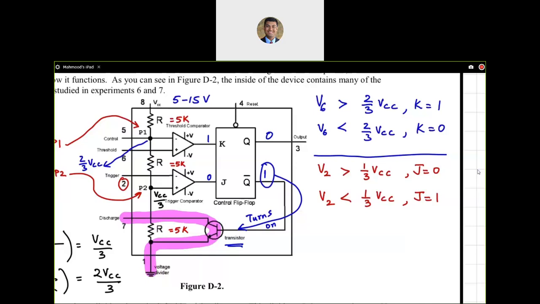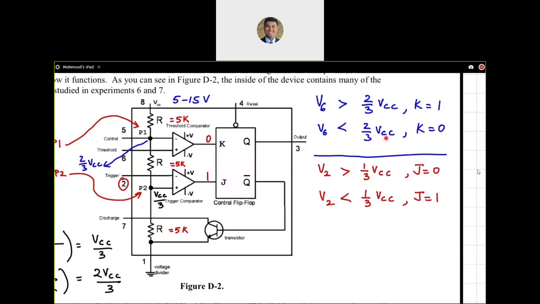Now that's one scenario. The other scenario is, let me erase this, let me erase that, that, and that. What is going to happen if the J input is 1 and the K input is 0? When is that possible? That is possible when my V2 is less than 1/3 VCC and V6 is less than 2/3 VCC.